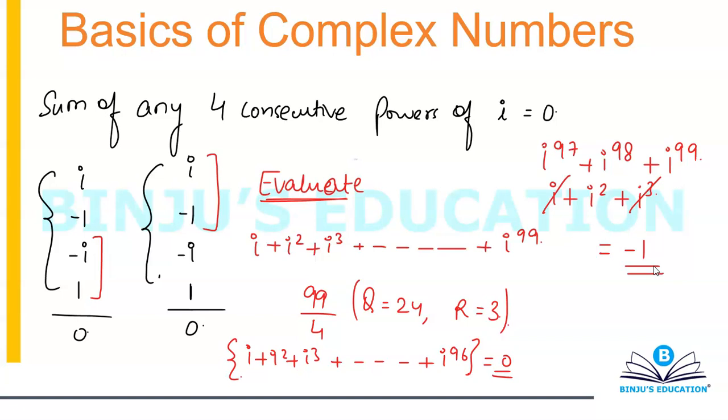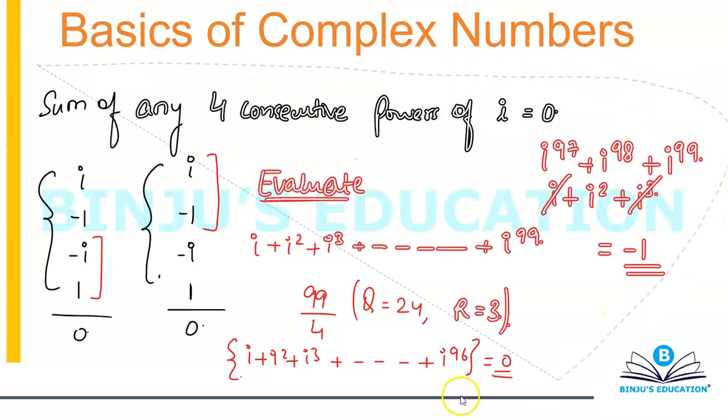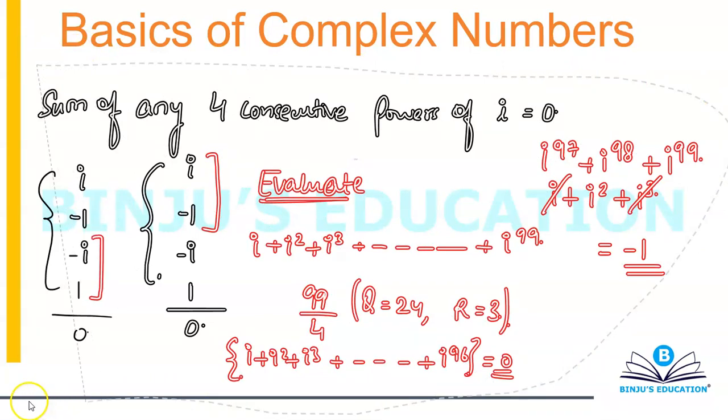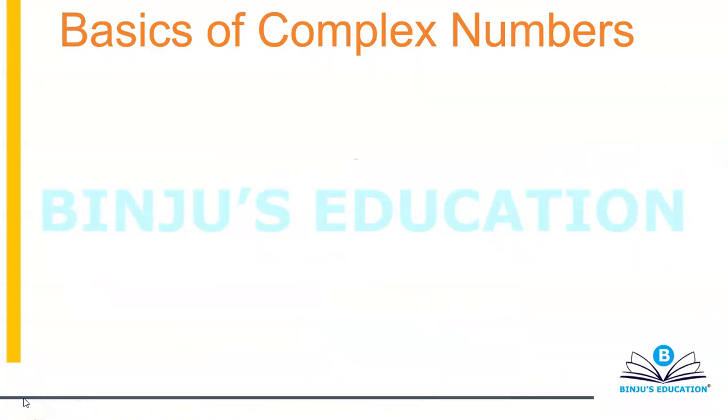Alright, so this was the basics of imaginary numbers. Now, when you talk about a complex number, what exactly is a complex number? As the word goes, complex, what do you mean by complex?